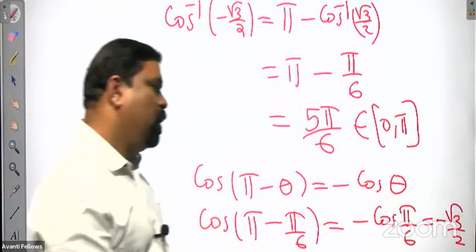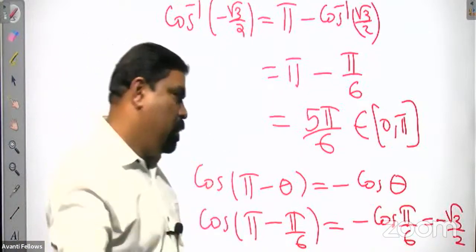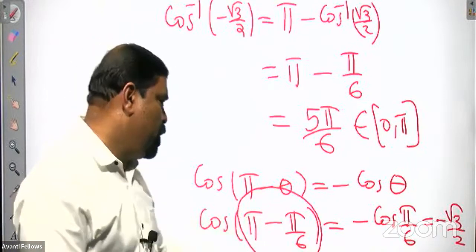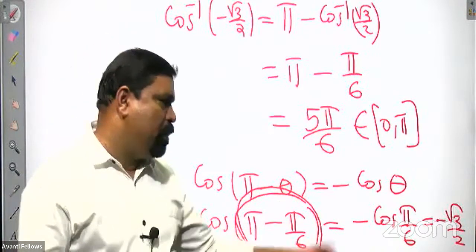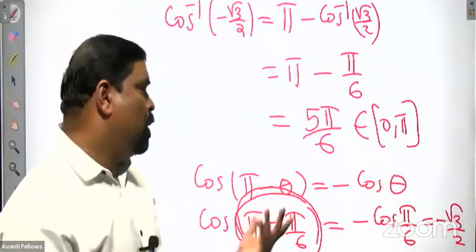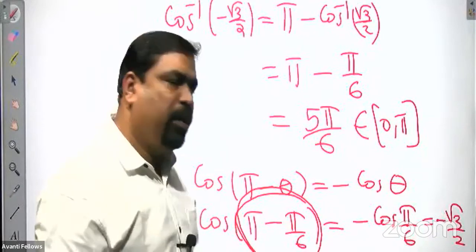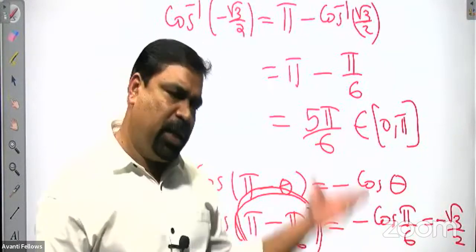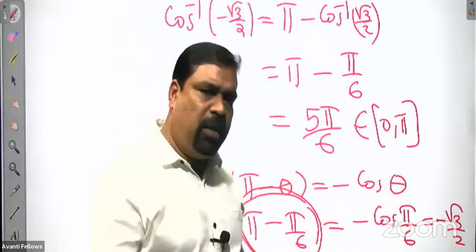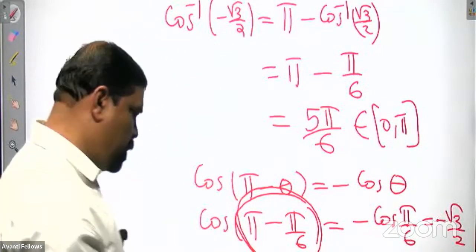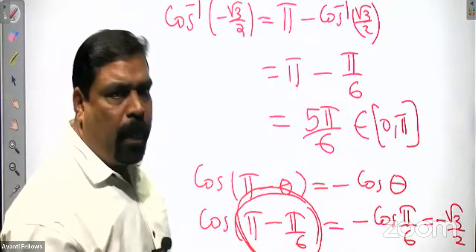So pi minus pi by 6 is 5 pi by 6, and cos 5 pi by 6 equals minus root 3 by 2. That means 5 pi by 6 is the value of cos inverse minus root 3 by 2, isn't it? The same principle actually. Only basic trigonometry is required for this. So that's about sine inverse and cos inverse.